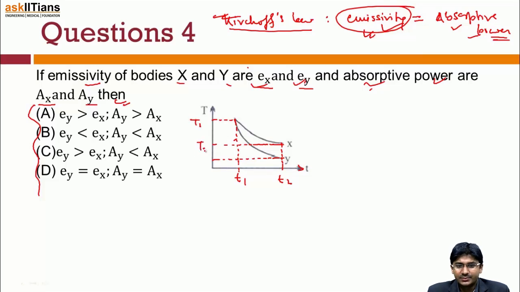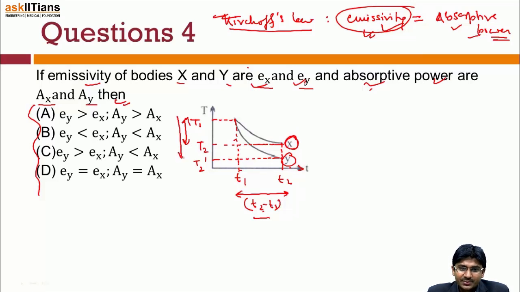This is T1, suppose this is T2, this is T2 dash. Now this is X, this is body Y. Now in the same time T2 minus T1, this is the time. In this same time T2 minus T1, the body X, it goes this temperature change, right? And in the same time the body Y goes this temperature change.